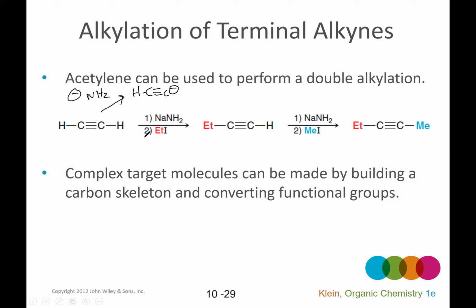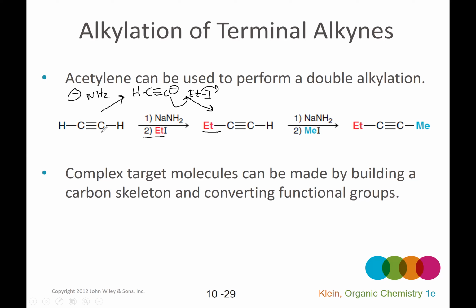And then in the second step, you add whatever alkyl halide you want, whatever alkyl group you want to add. Here we have ethyl iodide, CH3CH2 iodide. That's primary, so we carry out an SN2 reaction, and we introduce the ethyl group.